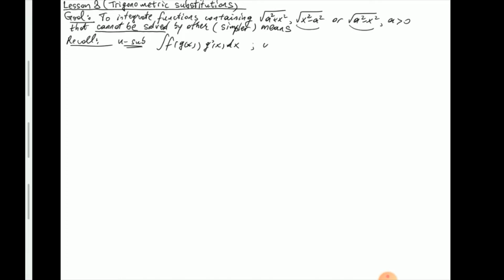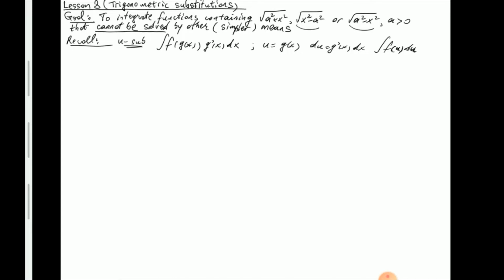The idea is to replace the inner function g of x with a new variable, and then you end up with an integral in u, presumably easier to solve, f of u du.